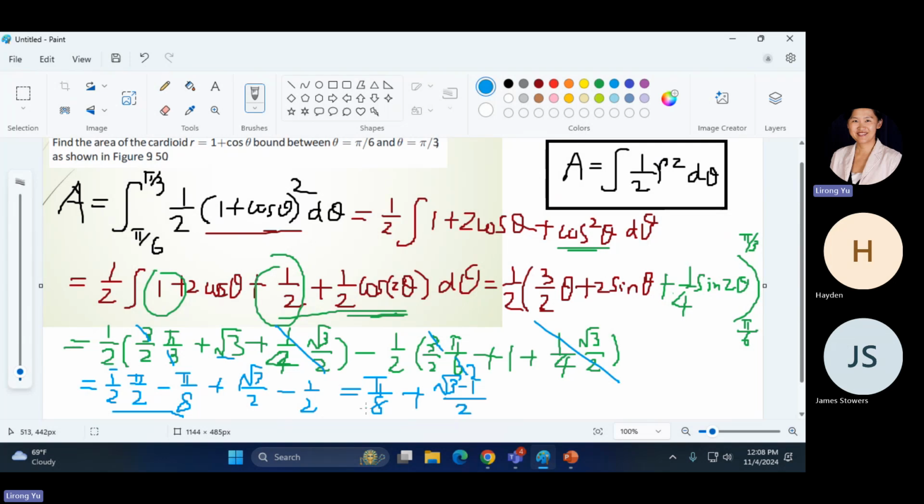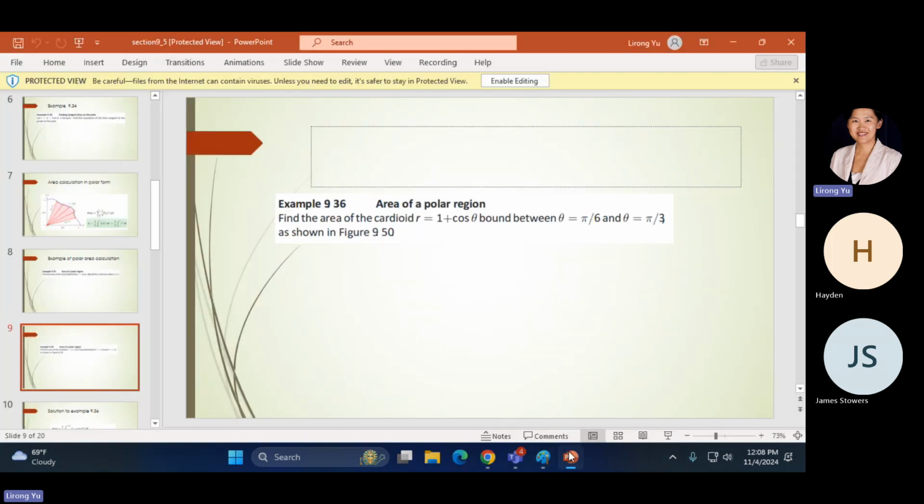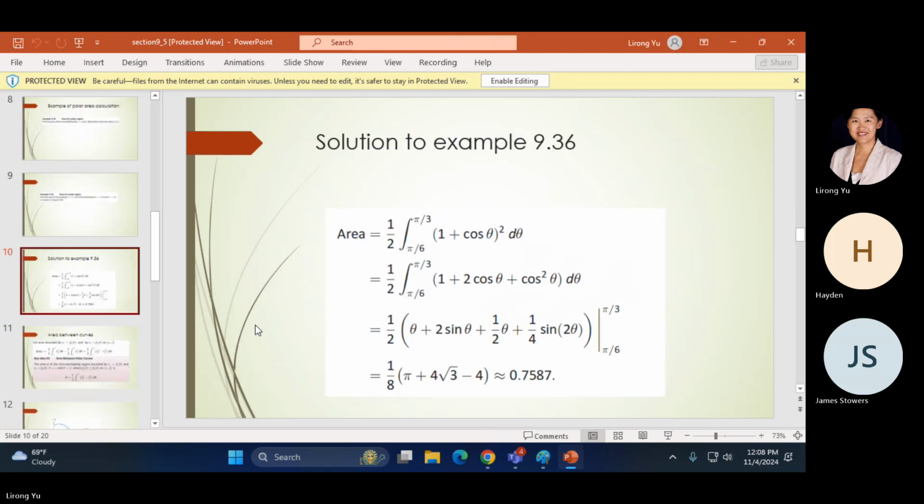Root 3 is irrational, so we can't really combine these unless we put it in a calculator and find the numerics. So that's pi over 8.